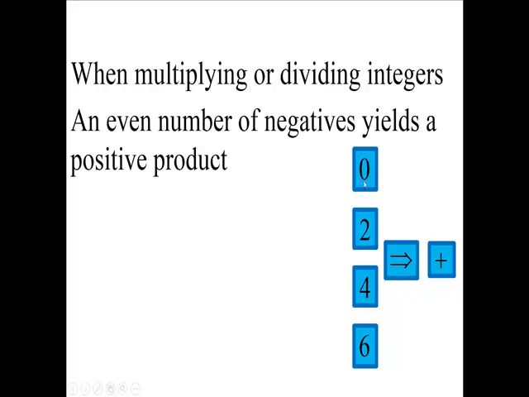And if you have 0 negatives, if you don't have any negatives at all, I'll say it again, if you don't have any negatives, then the answer has to be what? Okay, so 0 negatives is plus, and same thing as 2 and 4 and 6 and 8 and 10. They're all just like 0 negatives, and if you don't have any negatives, it has to be positive.